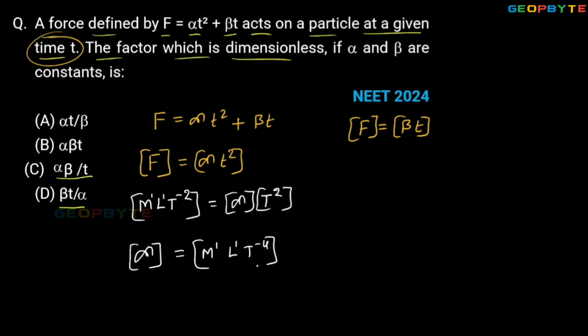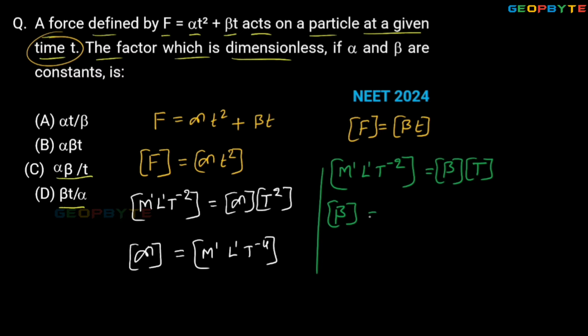We got alpha. Similarly, let us decide for beta. M power 1, L power 1, T power minus 2 is the dimension of force, equal to beta dimension multiplied by the time dimension T. From this, the dimension of beta equals M power 1, L power 1, T power minus 3.